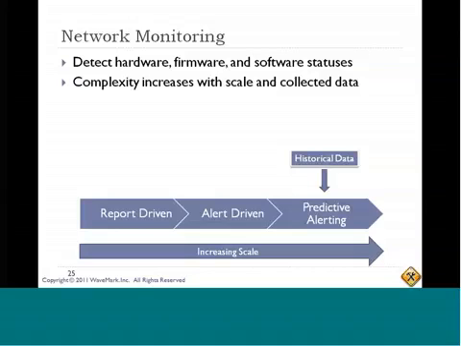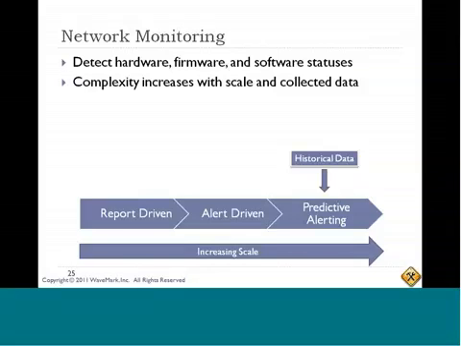And hopefully over time, that can grow into predictive alerting, where one could use historical data to predict alerts before they happen. So essentially, it moves from a problem happens, I go look for it, to I get alerted on a problem that has happened, to I get alerted on a problem before it happens.